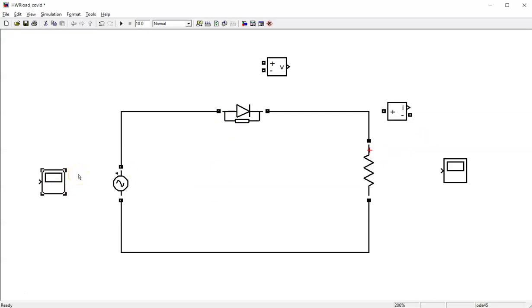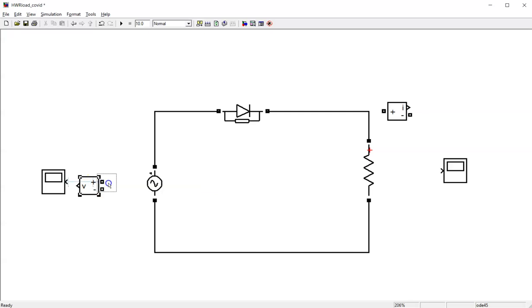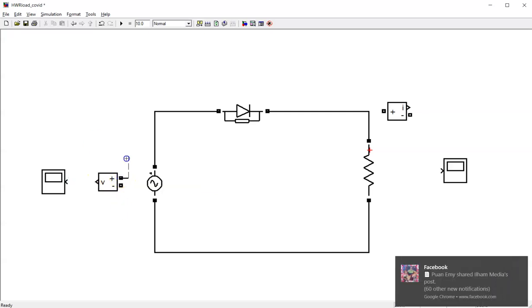Now we can rotate in order to arrange our components. This is where I want to measure my input voltage.